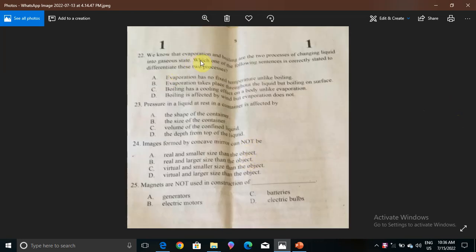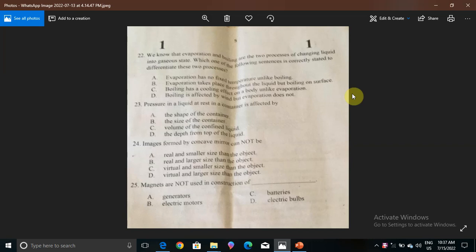Now question number 22, we know that evaporation and boiling are the two processes of changing liquid into gaseous state. Which one of the following sentences correctly states the difference between these two processes? The first one says evaporation has no fixed temperature, unlike boiling.